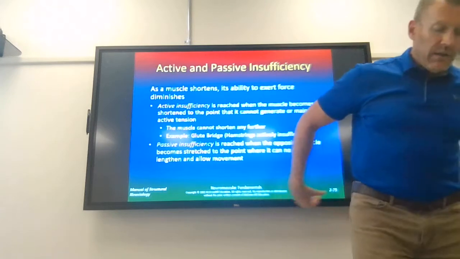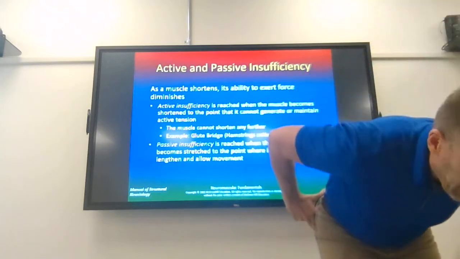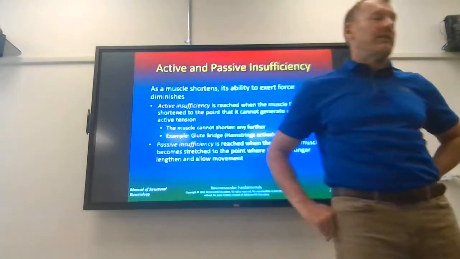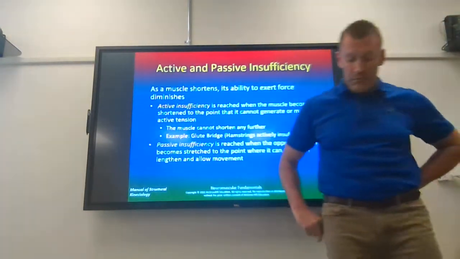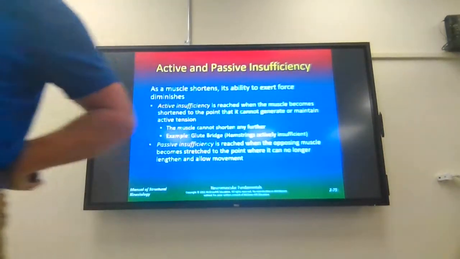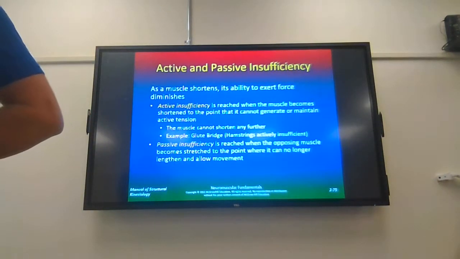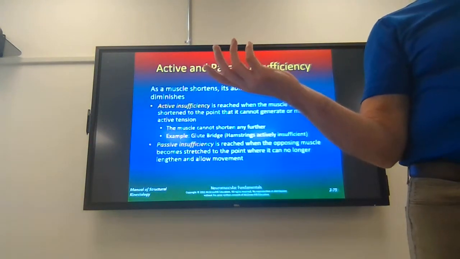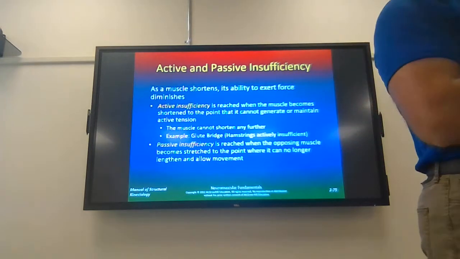I want you to flex at the hips and bring your chest down to your lap. Whatever you need to do, shift to the side, put your chest down in your lap. Now what is the position of the hip? Thanks, Sam. That's hard for you to do. The hip is flexed.